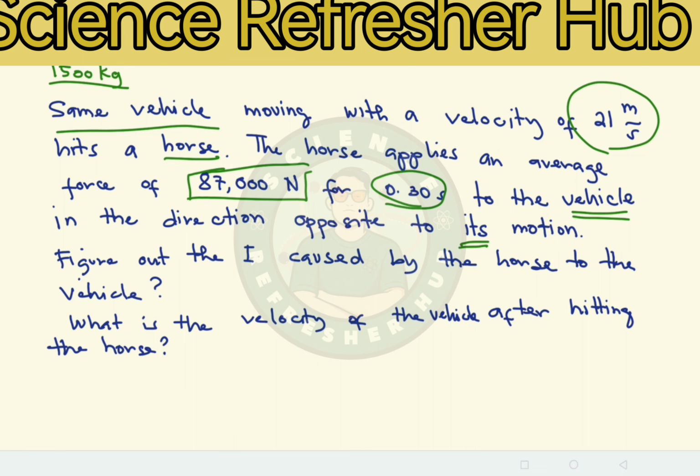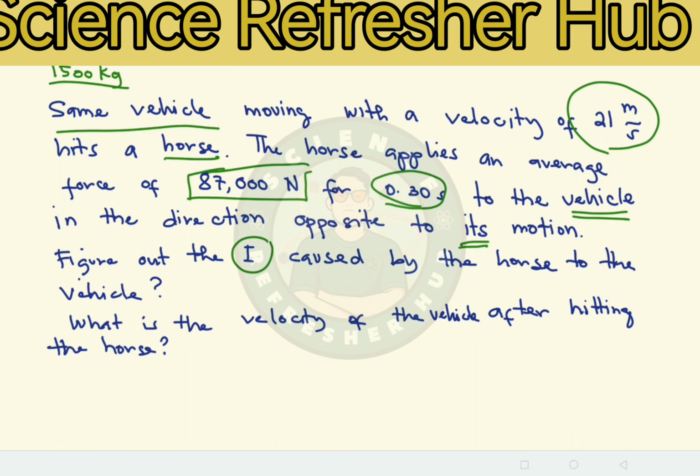That's the third law. Let's figure out the I, or the impulse, because we have force here in a very quick time caused by the horse to the vehicle. And remember, when force is applied in an interval of time, it will cause the momentum to change. Then what is the velocity of the vehicle after hitting the horse?